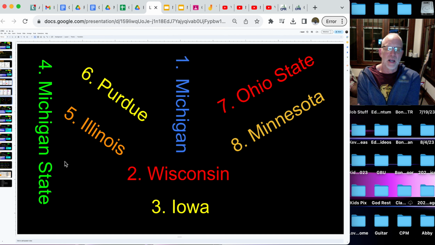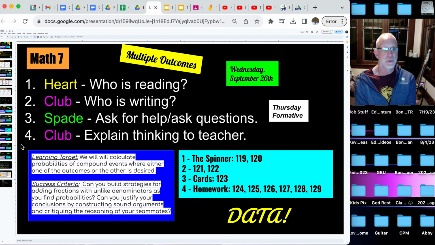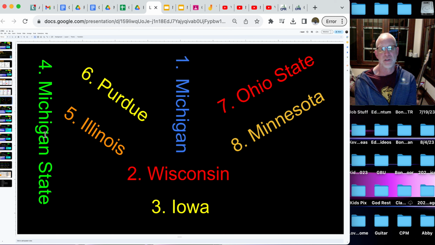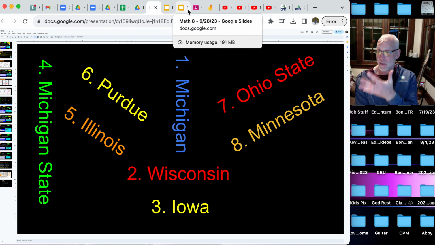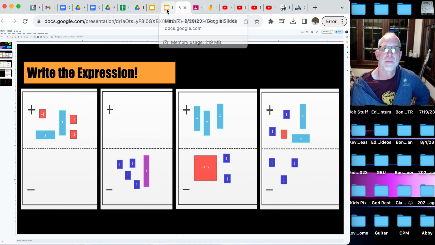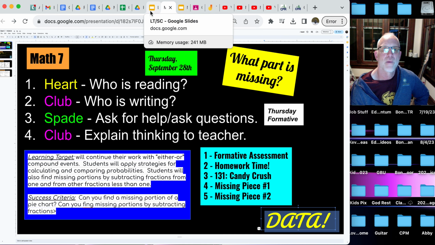Groups that were talking out of their groups, that was the quickest way to lose points. Like if Michigan State is talking to Minnesota, then you get all this interference in the middle. So you want to keep your participation points. I would say work in your group. How does that sound? Good.